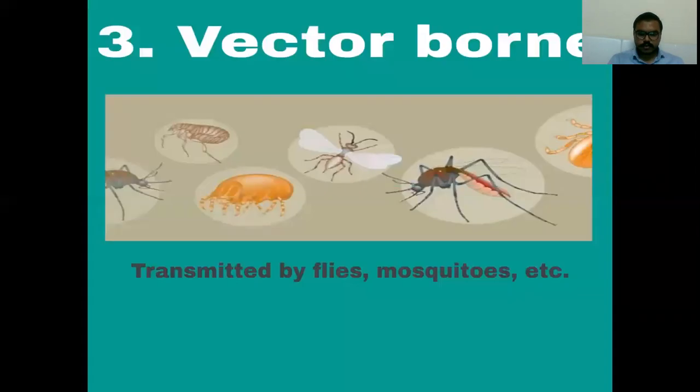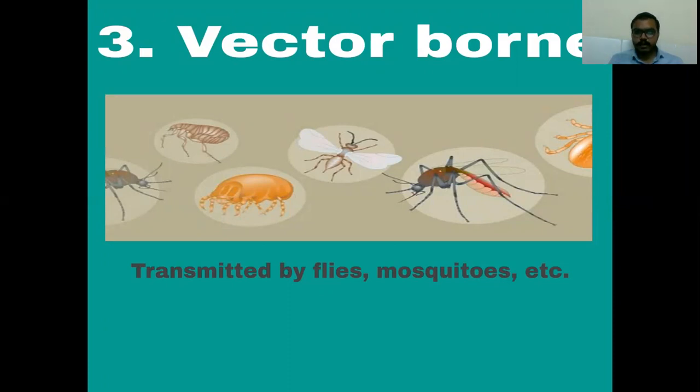Okay, so the next is vector borne. Vector borne is defined as any living carrier that transports an infectious agent to the host. Carriers are like flies and mosquitoes. They carry viruses which infect our body.